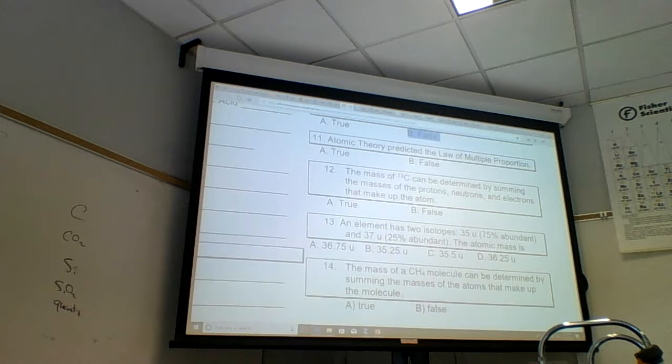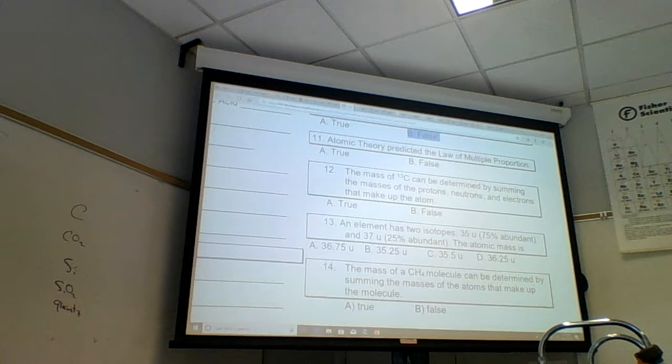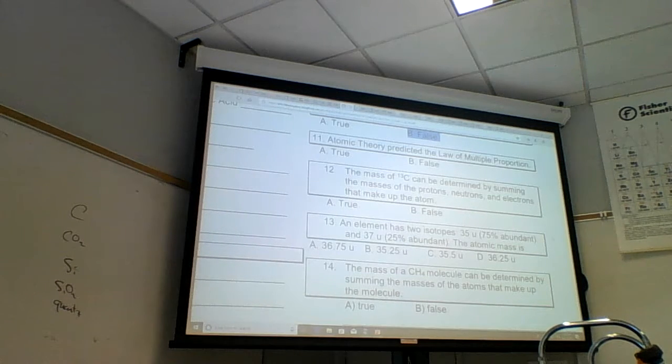is made of? Carbon-13 consists of 6 protons, 7 neutrons, 6 electrons. Well, I know what a proton weighs. You know, what does a proton weigh? I know what a neutron weighs, and I know what an electron weighs.